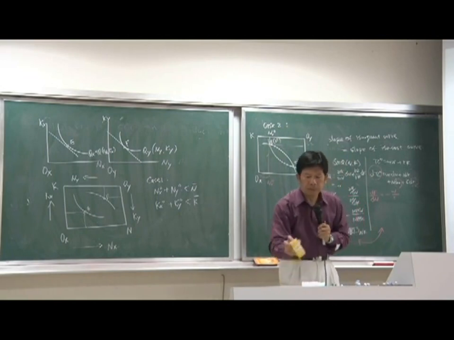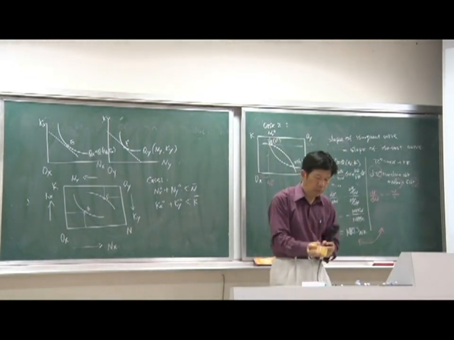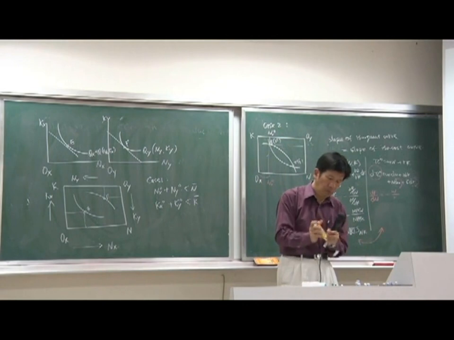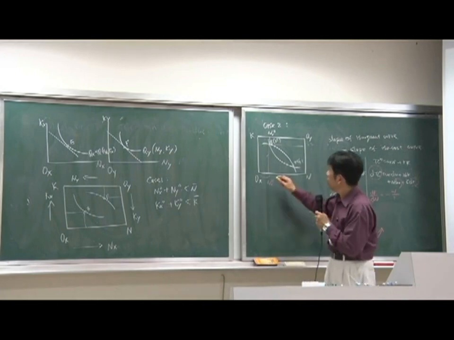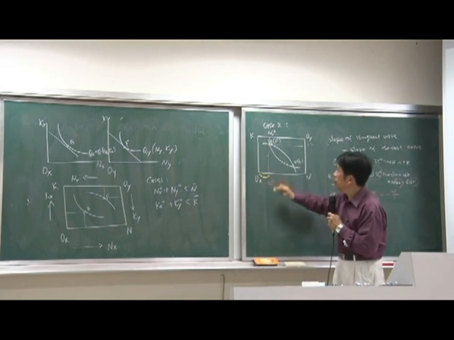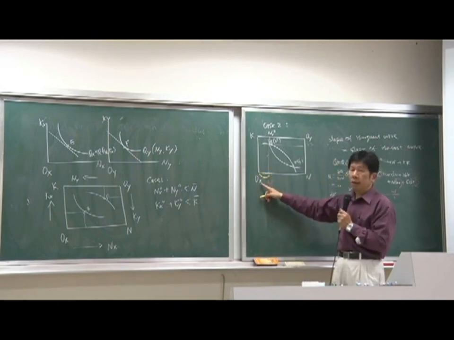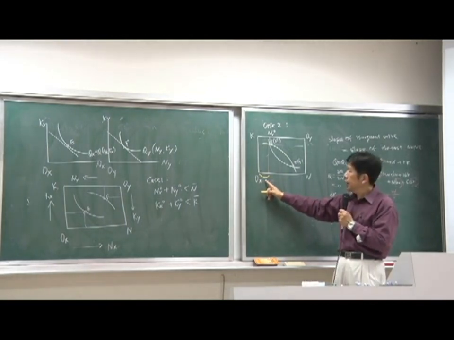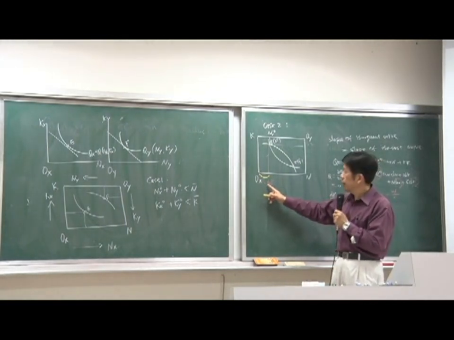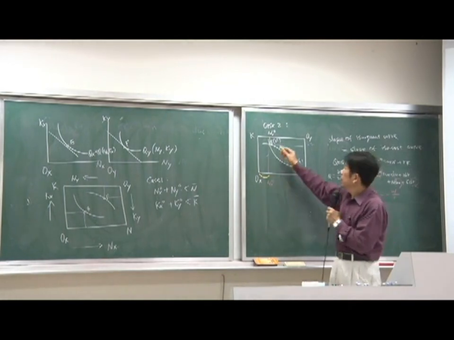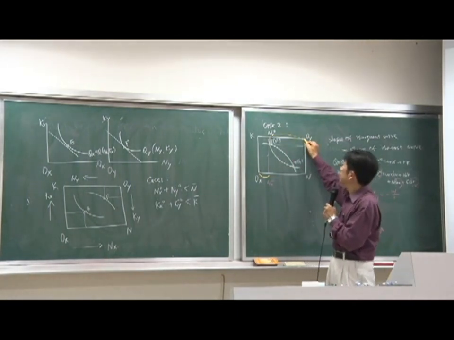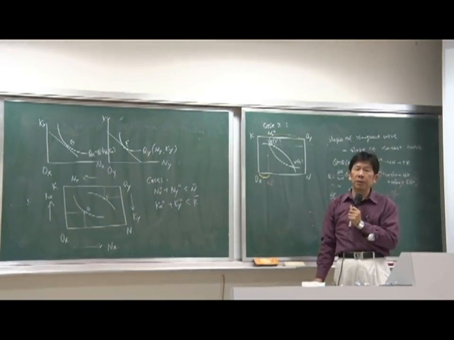You can see this is commodity X, they use the labor. This is the NX0, and the Y commodity uses this labor.